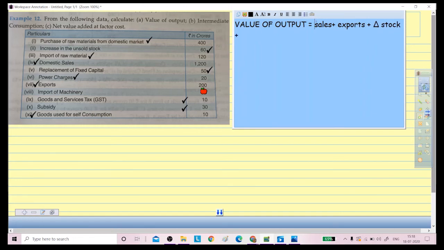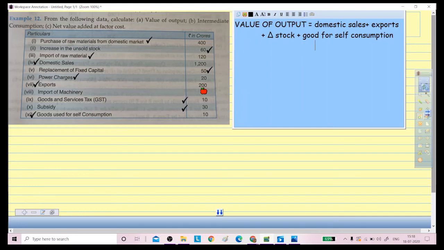So we add domestic sales plus exports plus change in stock. Then one more term, that is goods used for self-consumption. This is the value of output.